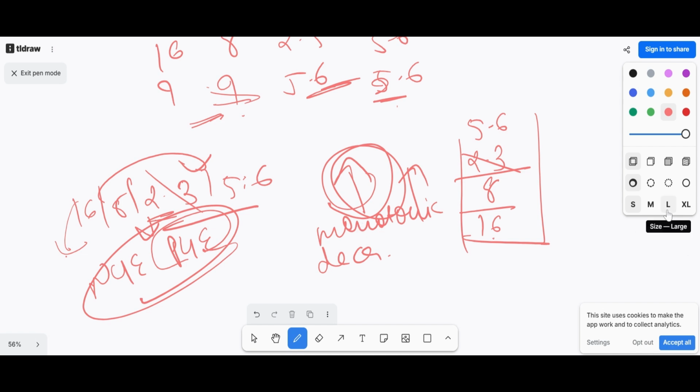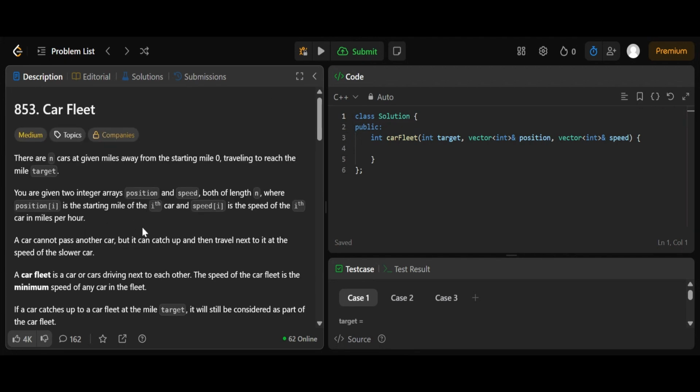Okay, let's just solve the question now in the window. So we have int n as position dot size. We have to sort it.